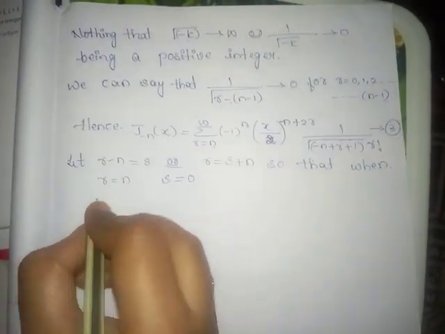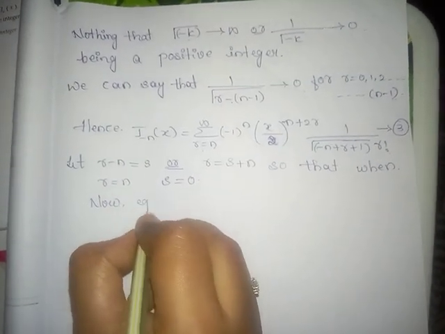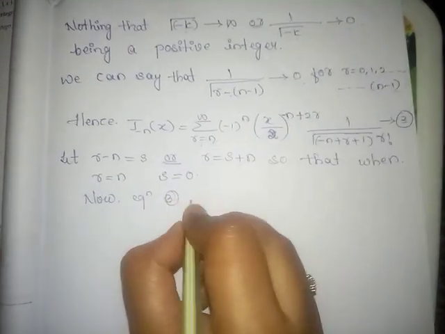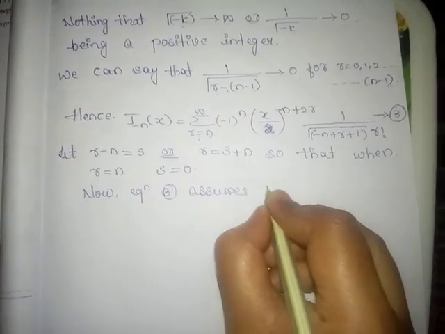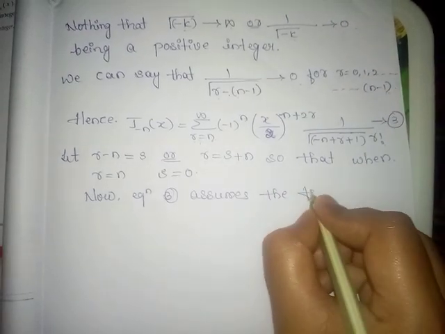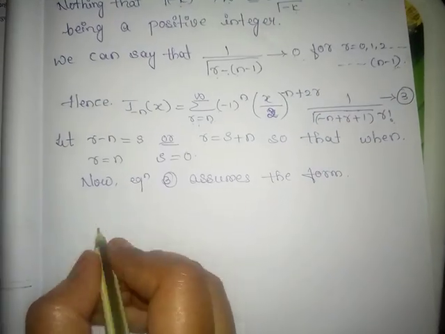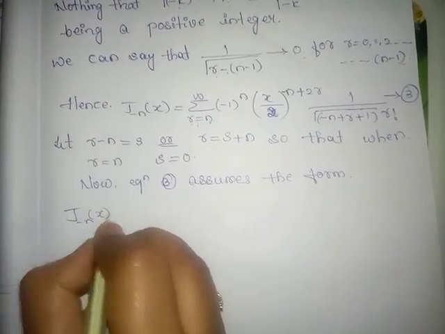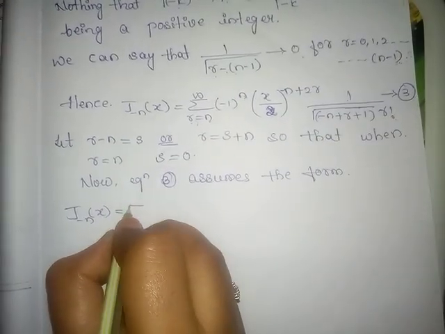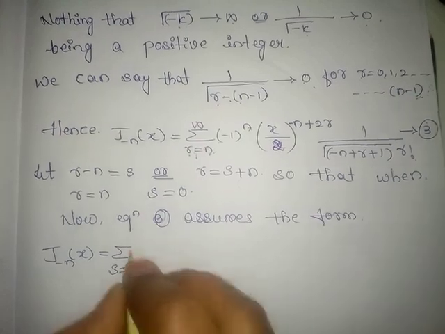So now equation 3 assumes the form j minus n of x is equal to summation s equal to 0 to infinity.